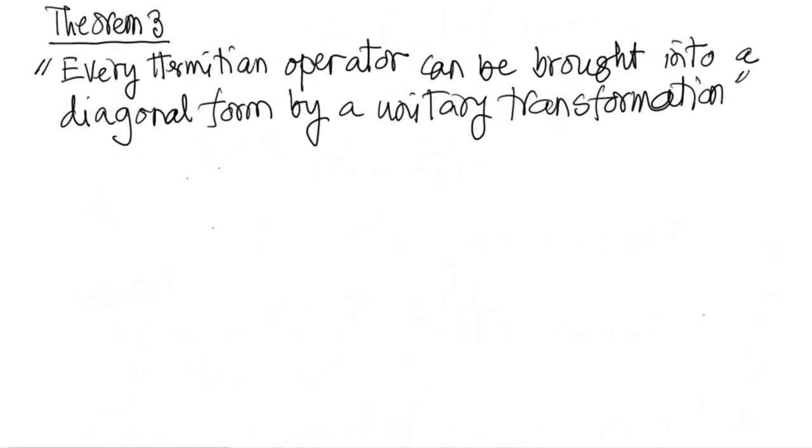We know operators in quantum mechanics are represented by matrices, and so if we consider a unitary transformation, we can bring a Hermitian matrix into a diagonal form. Now the proof.